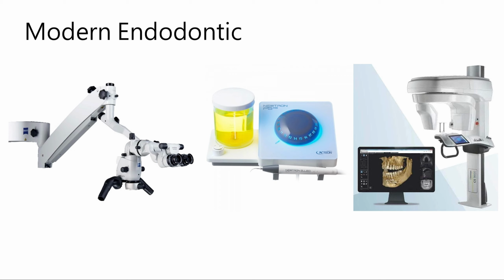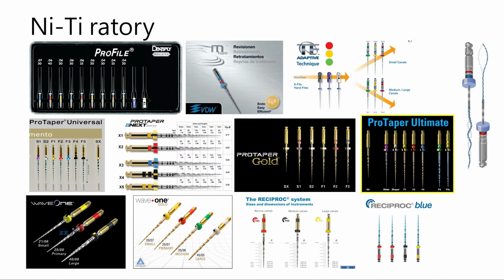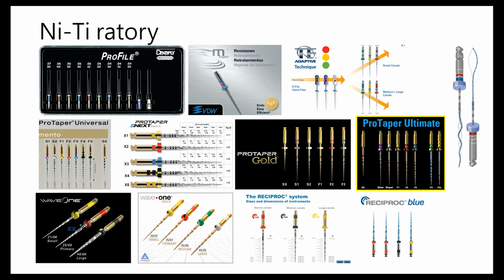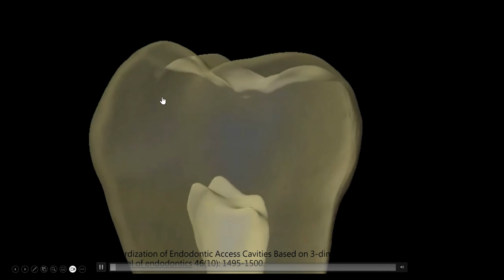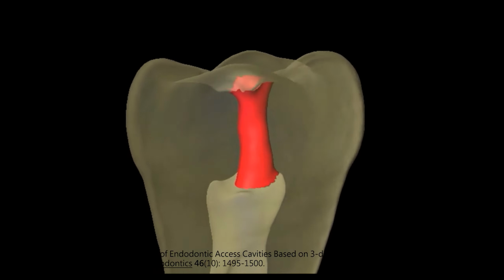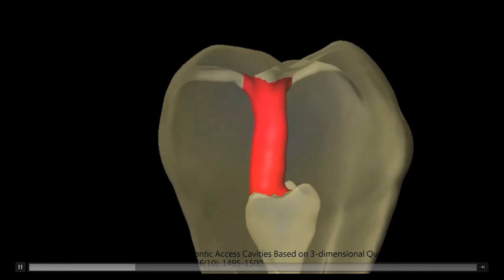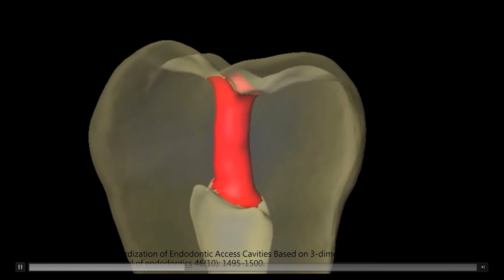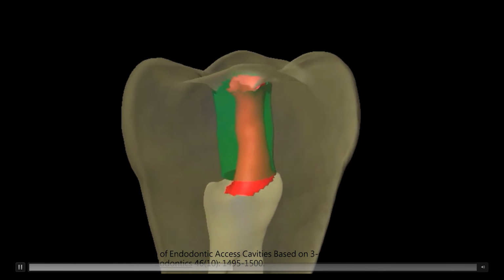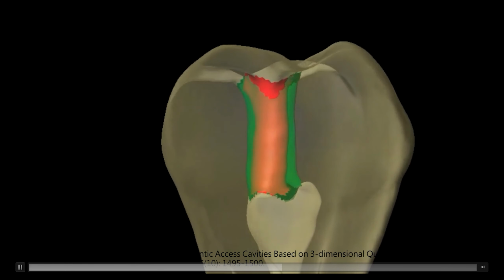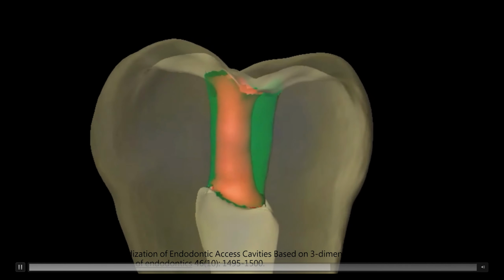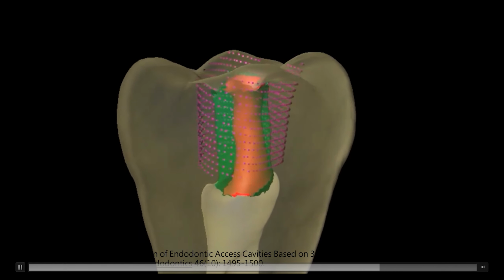And a lot of different brands of rotary systems. And also we are trying to get smaller access, as small as practical, not as small as possible. So maybe the red one is too small, and the purple one is maybe too big. So maybe it's in the middle, like the green one. It's conservative, but maybe not ninja.